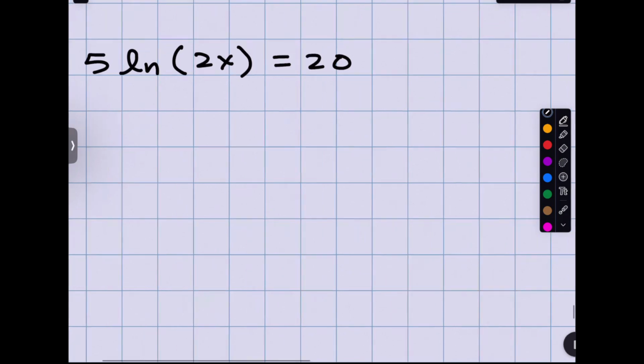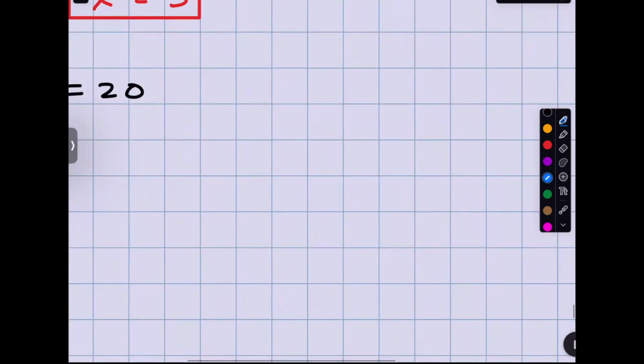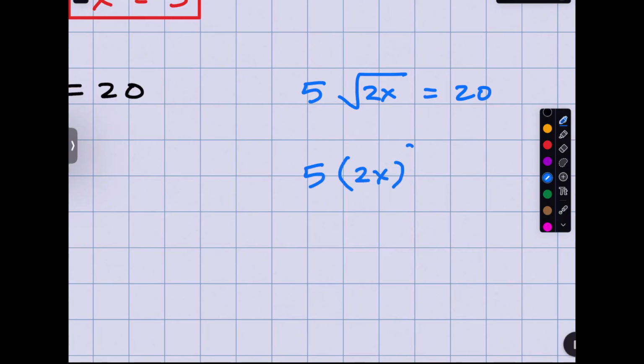Guys, can I ask you this problem? How would you do this problem?